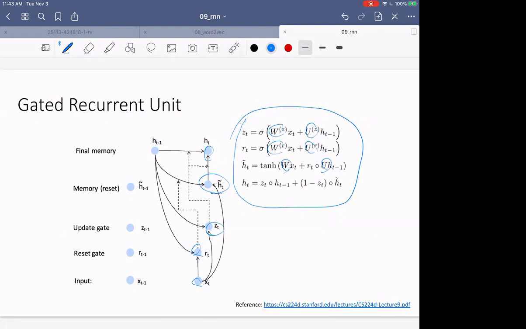So you just have 2 more sets of weight matrices compared to vanilla RNN, which only requires W and U. Now you need 3 Ws and 3 Us. But it works way better than vanilla RNN. With GRU, you can typically handle sequence length up to about 150, maybe 200. With vanilla RNN, not so much.